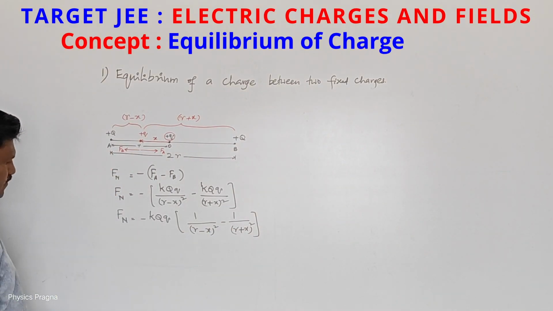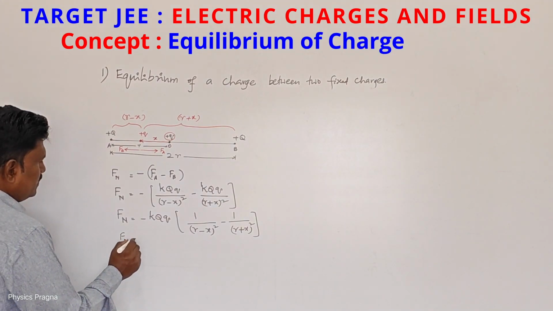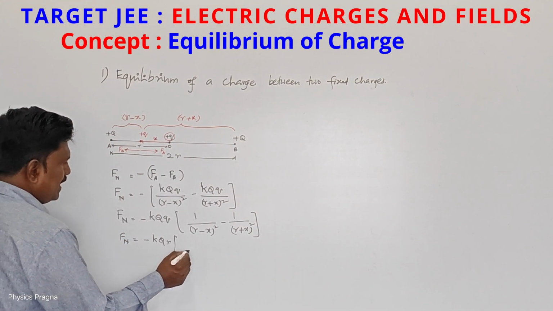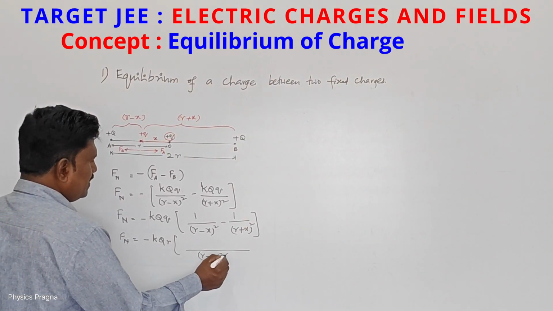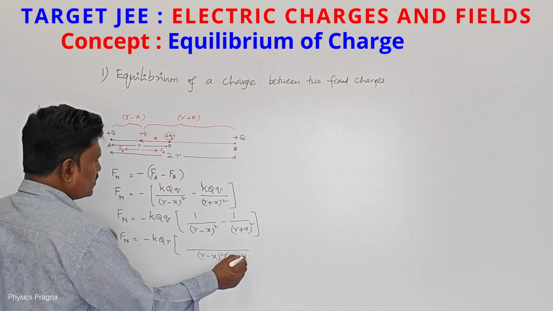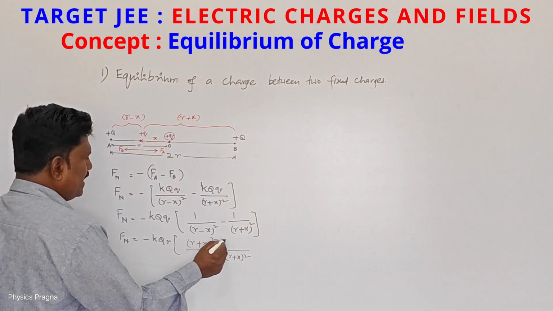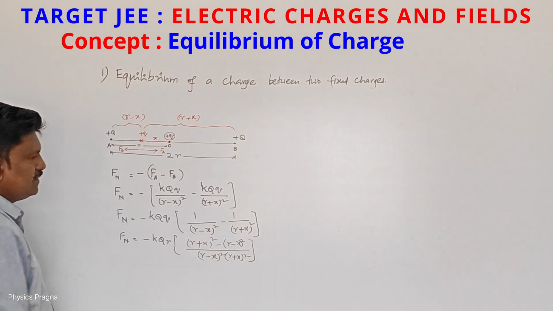I will take the LCM. Fn is equal to minus K Q q, with LCM r minus x whole square into r plus x whole square, and numerator r plus x whole square minus r minus x whole square.